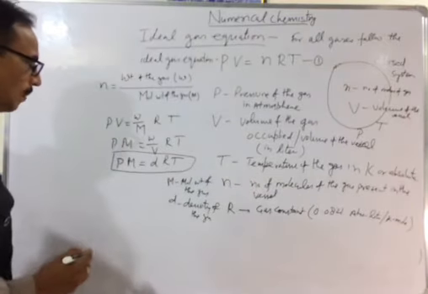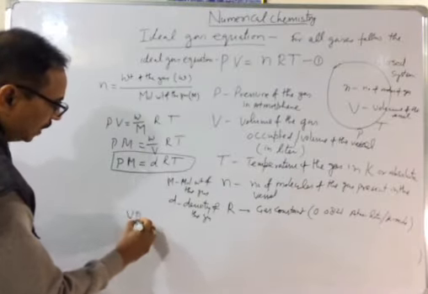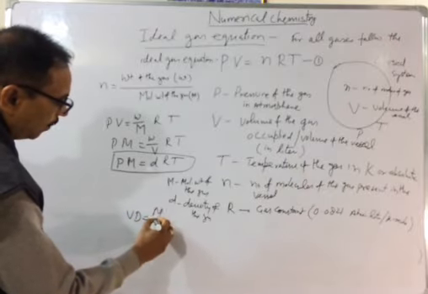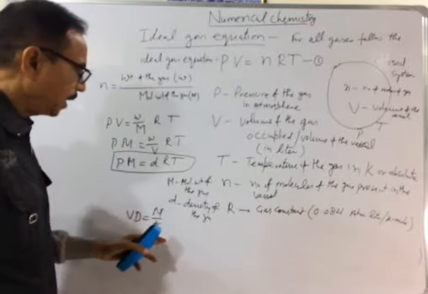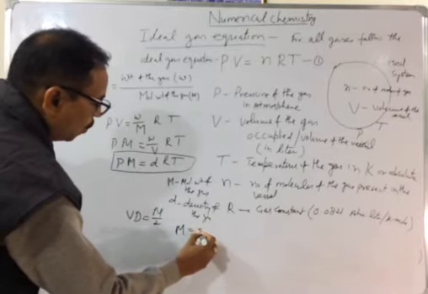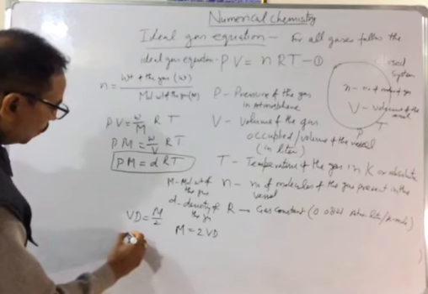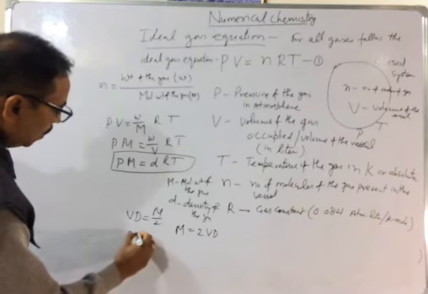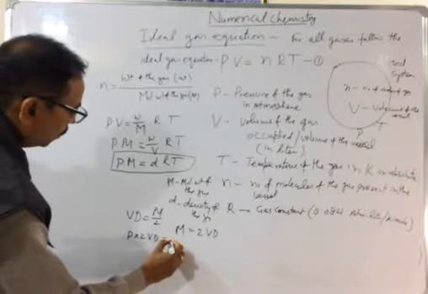And similarly, as I have told you earlier, vapor density equals molecular weight by 2, that is molar mass with respect to hydrogen. So M equals 2 times vapor density Vd. So put here M: P into 2Vd equals dRT.